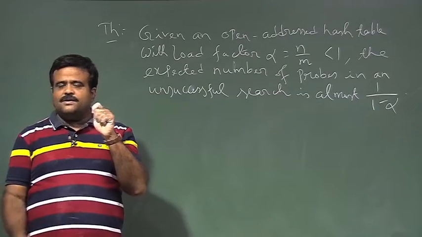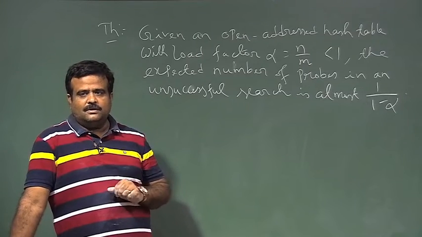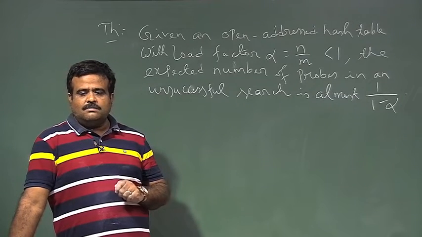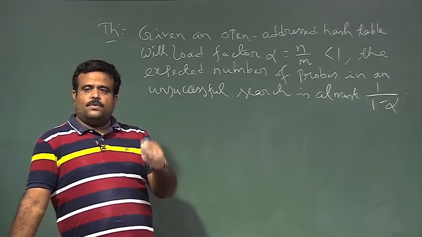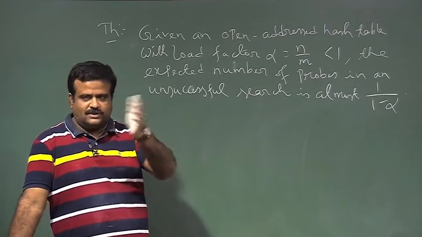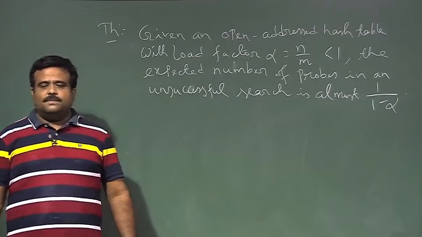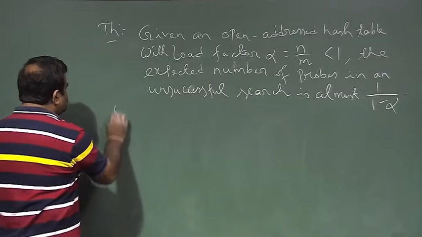Now suppose we are trying to find a key which is not there in the table. What is the number of probes we should do for this search? The theorem says 1 by 1 minus alpha. So how do we prove this?